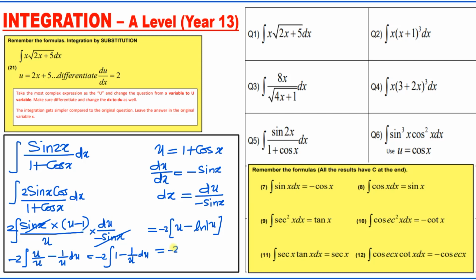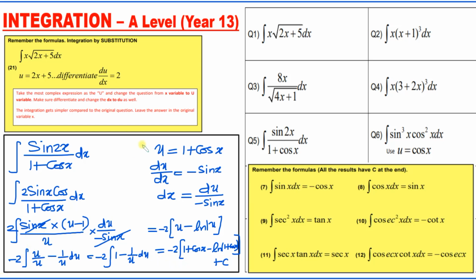So minus 2 times u as 1 plus cos x, minus ln of bracket 1 plus cos x, you can write a modulus function, bracket close, and plus c. So that is the simplest way to do this integration.